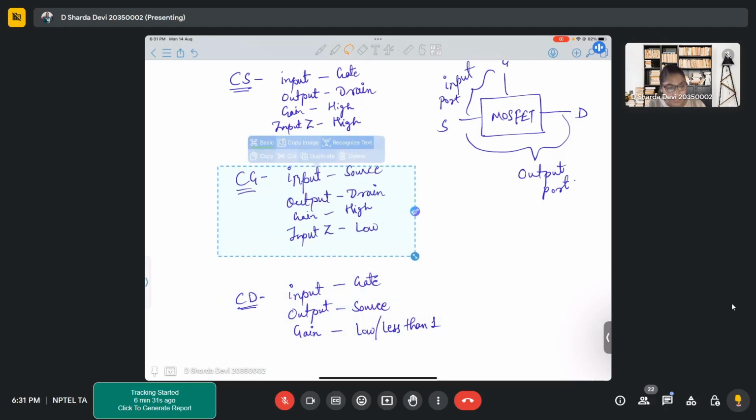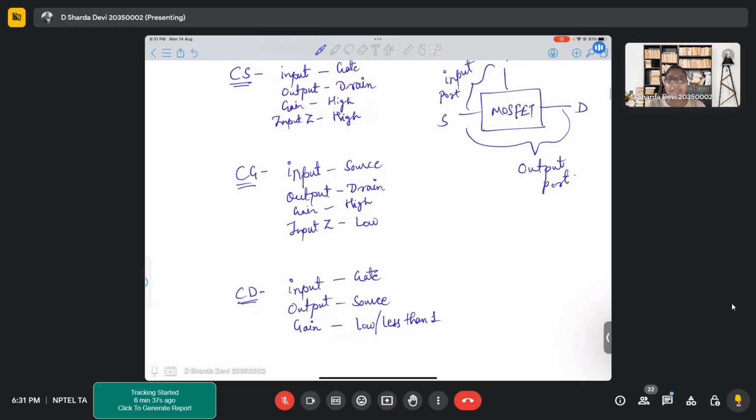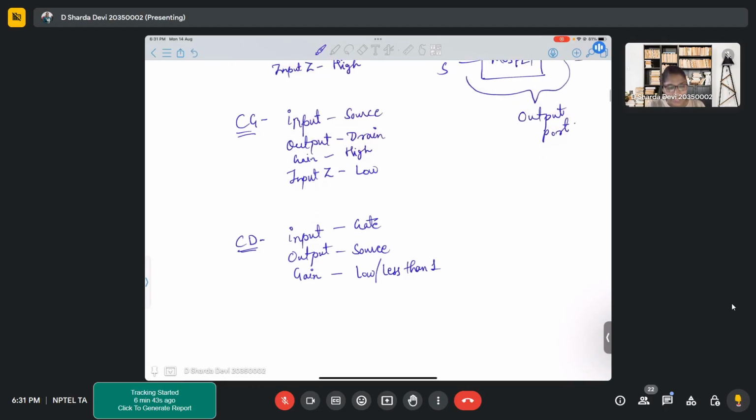So at that point of time, you can use a CG configuration, right? Depending on our needs, we'll use whether we are going for a CS amplifier or CG amplifier, and what about CD? When there is a gain less than one, where will you use this amplifier? It is not even amplifying, right? So what is the use of this amplifier?